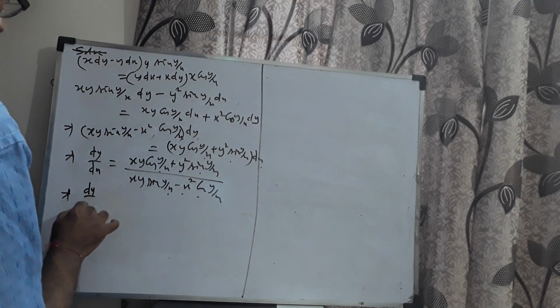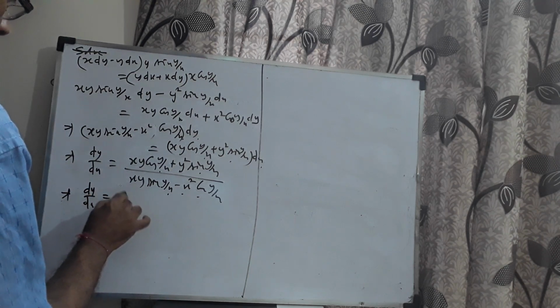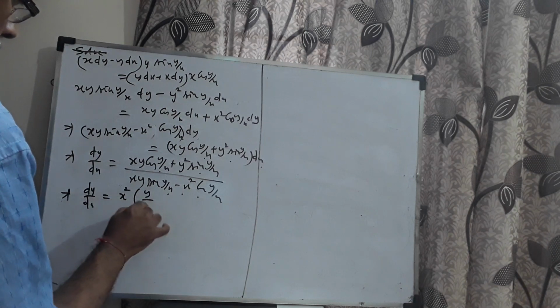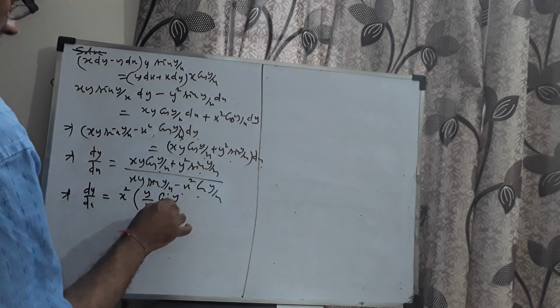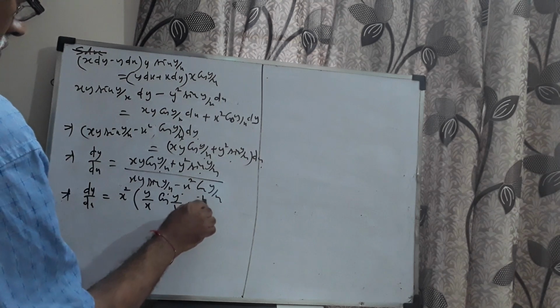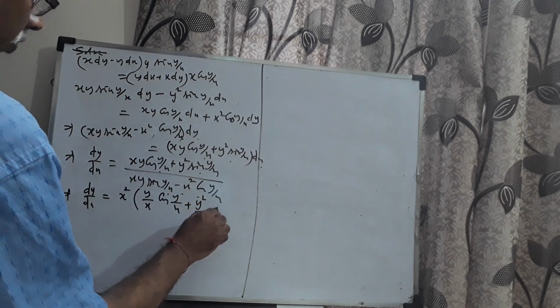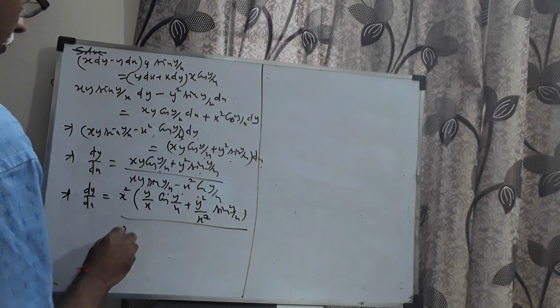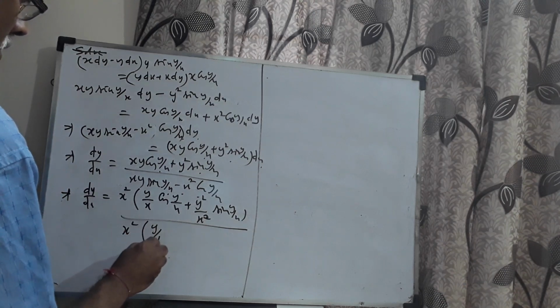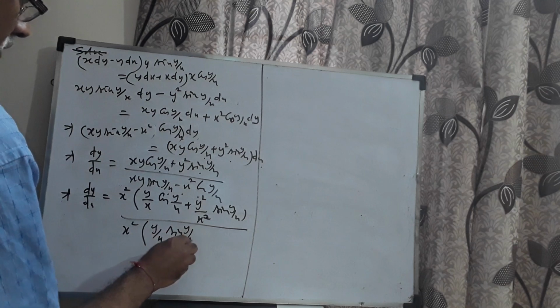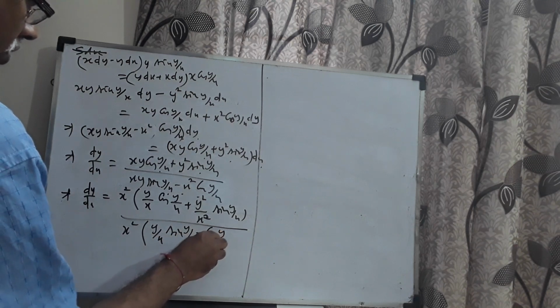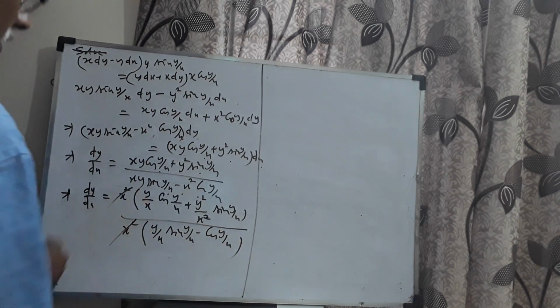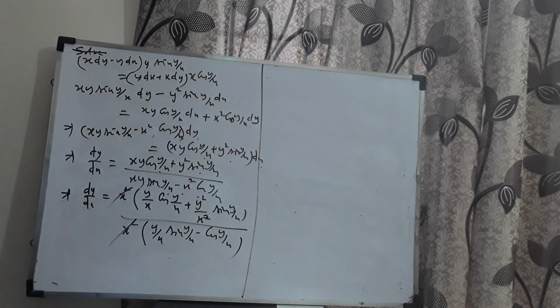This can also be written, taking x square as common, as dy by dx equal to y by x cos y by x plus y square by x square sin y by x, divided by y by x sin y by x minus cos y by x. The x square gets cancelled.